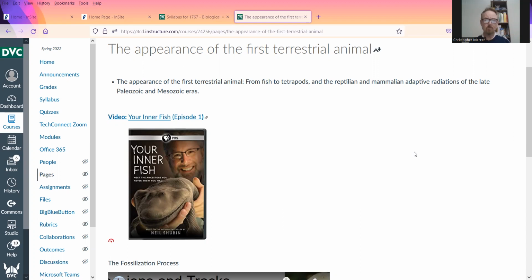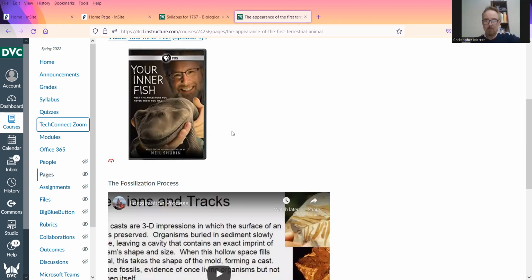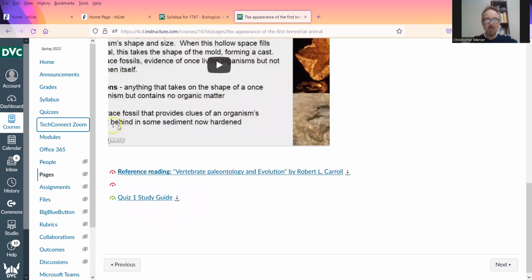Now, here's the thing, while he's using Tiktaalik, you're looking at the picture right now, as a major example, there are other places in which you can go for other relevant examples to make it maybe more finer and detailed, right? So what I have included on this page, if we go down to the bottom of it, is a reference reading. Now, remember, reference readings don't mean you read it.